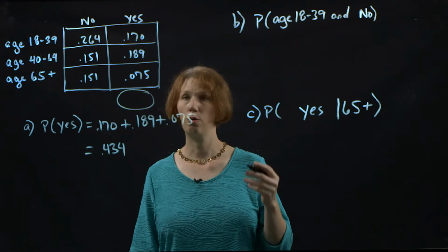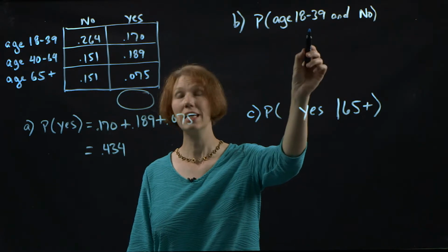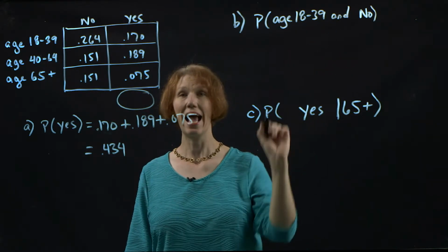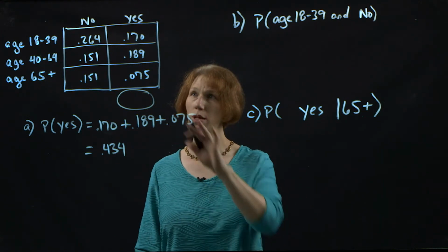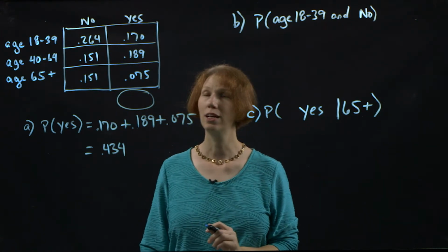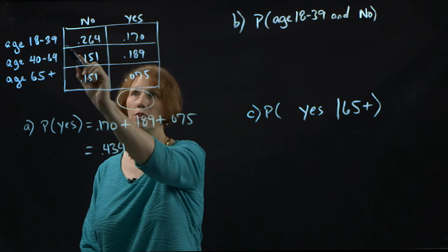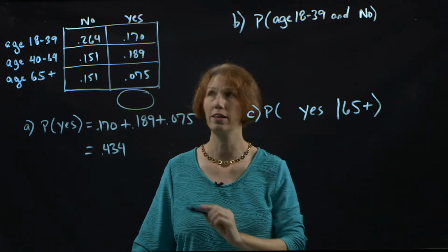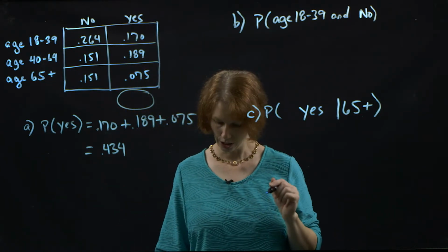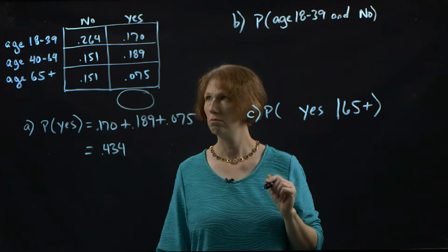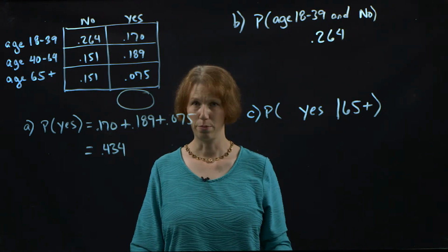We want to know the probability of the randomly sampled adult being age 18 to 39 and responding no. This is even more straightforward because we can look at our table and look for the intersection, the cell that corresponds to the individual being 18 to 39 and responding no. In this example, that is 0.264.